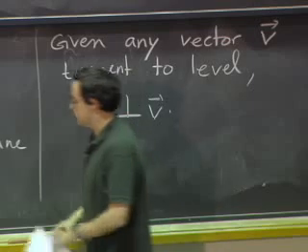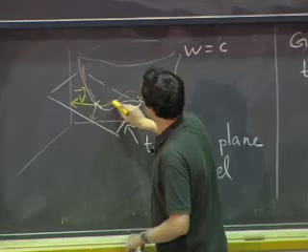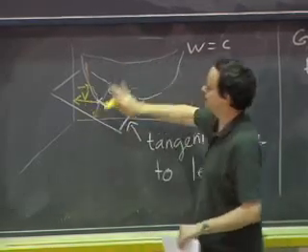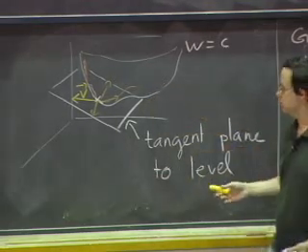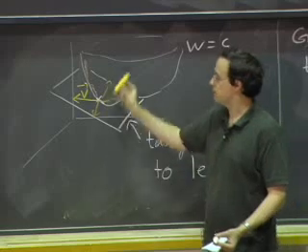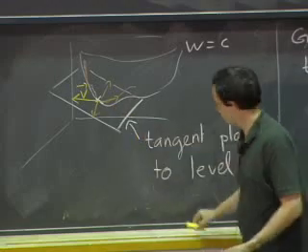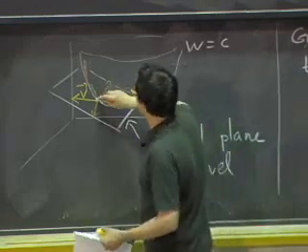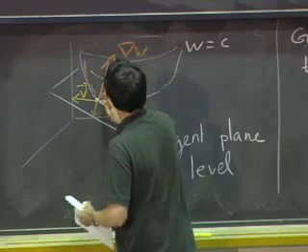So the gradient is perpendicular to this vector tangent to this curve, but also to any vector I can draw that's tangent to my surface. So what does that mean? Well, that means the gradient is actually perpendicular to the tangent plane, or to the surface at this point. So the gradient is perpendicular.